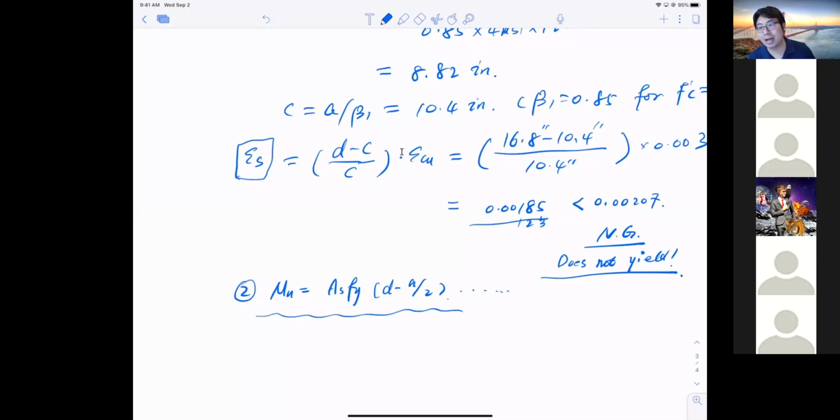So it takes a longer time for the ultimate failure to happen, so you have time to run, okay? Now, if you do not allow the steel to yield, it's going to be a brittle failure where the concrete crushes. Where the concrete crushes, it loses strength immediately, so there's nowhere for you to run. It just falls on the side instantly. Did you get it?